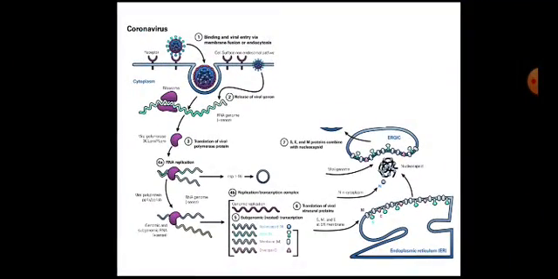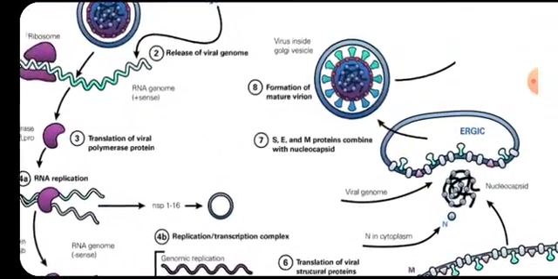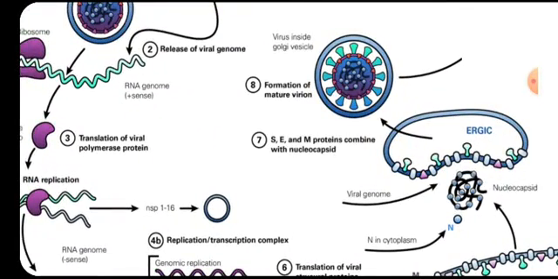Combination of the nucleocapsid and other proteins forms the envelope. And the final result of assembly is a complete mature virion. This complete mature virion is formed in the Golgi bodies or Golgi vesicles.